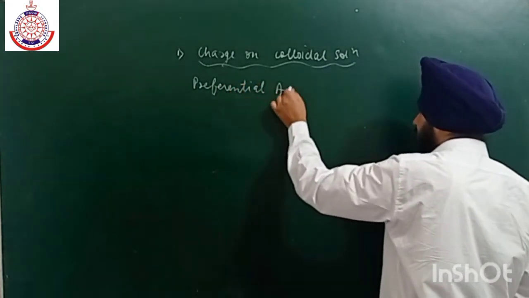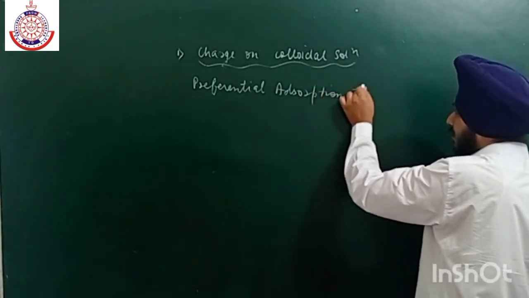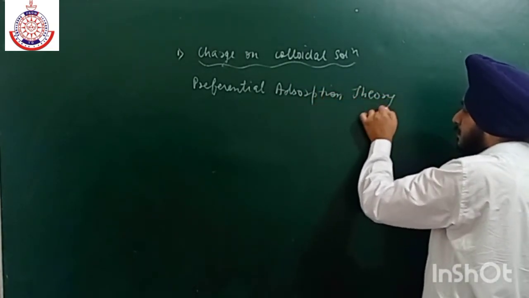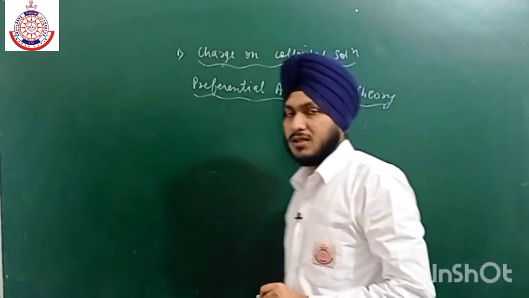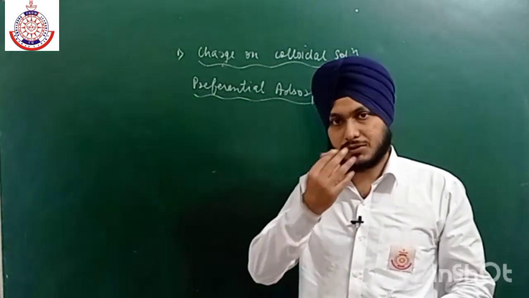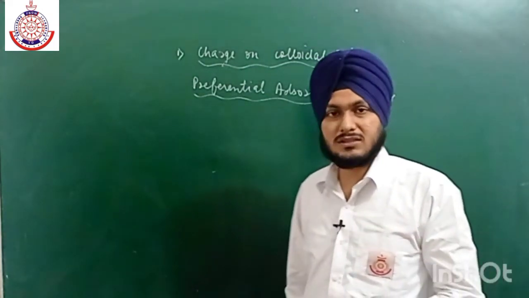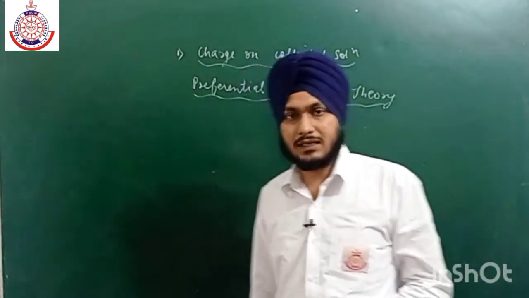This can easily explain why colloidal solutions are charged, why they are not neutral. Then we will also discuss some examples of positively charged as well as negatively charged colloidal solution.